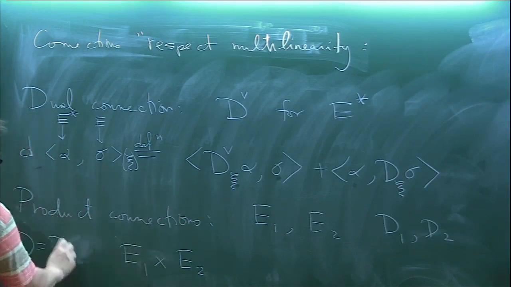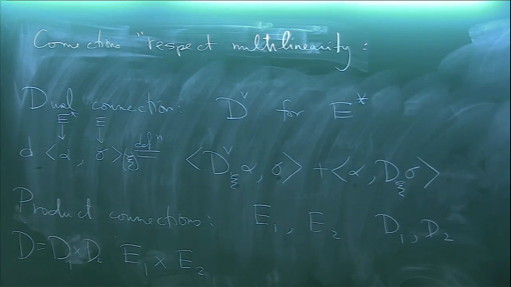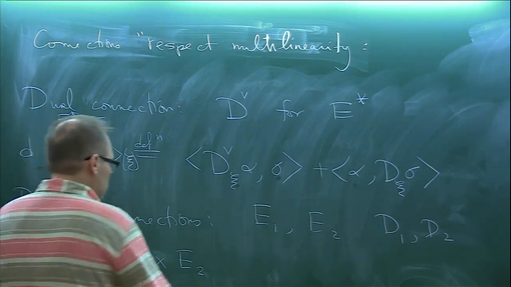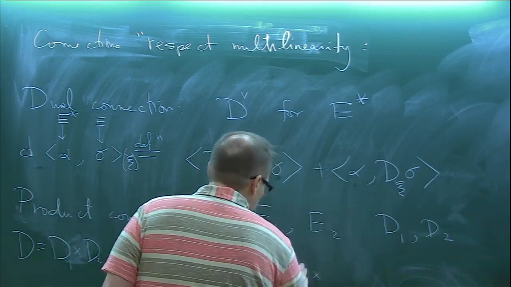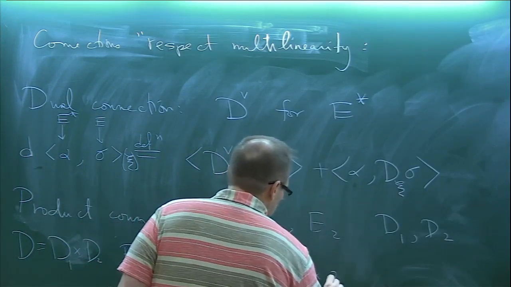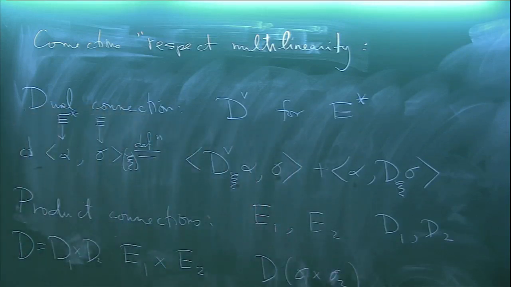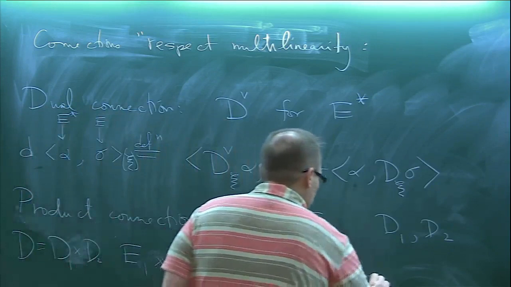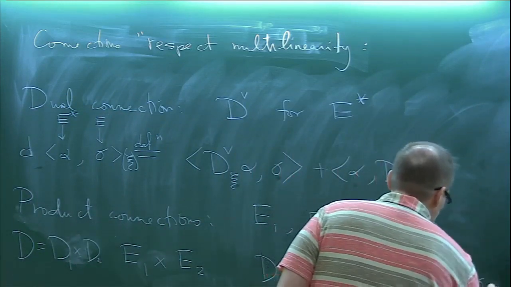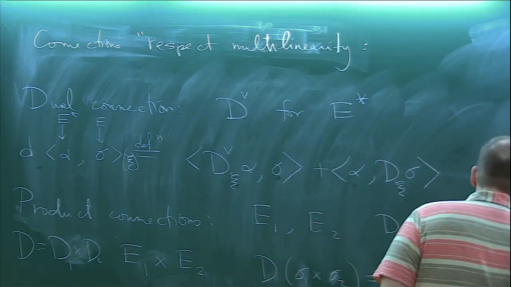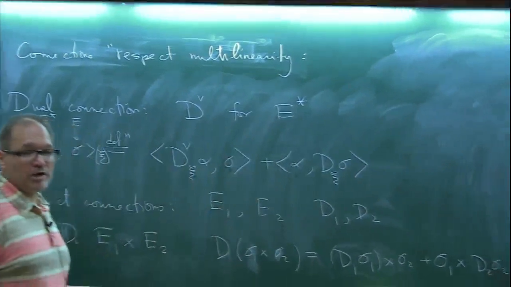Let me write it as D, and loosely speaking, D1 times D2, that's the connection product. So I'm supposed to tell you what D does to a pair, say sigma 1 times sigma 2. So that's the product of two sections. And this should be D1 sigma 1 product sigma 2 plus sigma 1 product D2 sigma 2. That's the definition of the product connection.